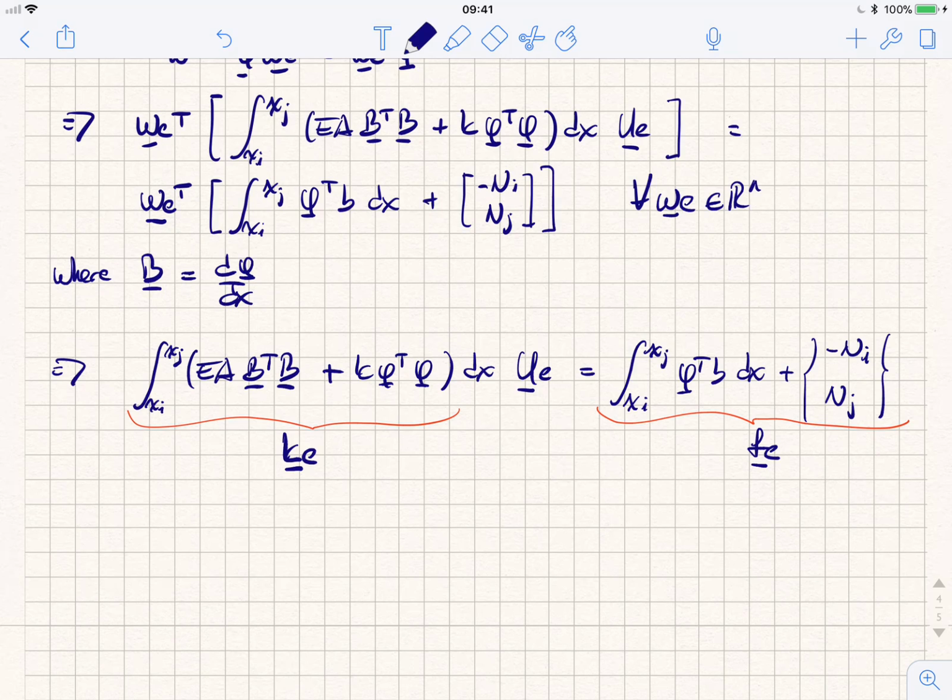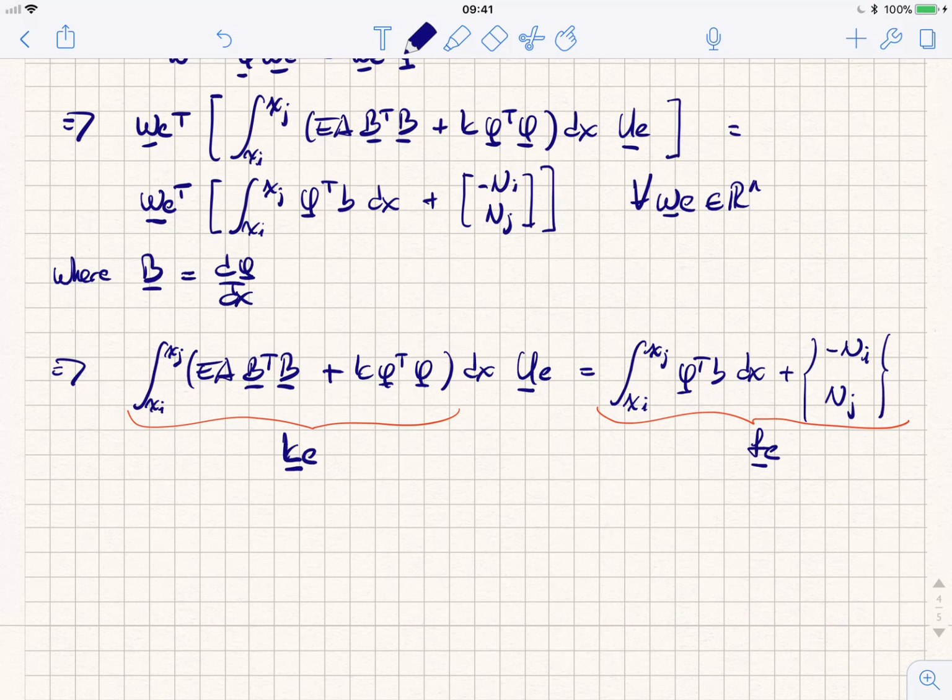So if I have a 2 by 2, you see that in that element, I basically have two shape functions that are non-zero, right? And so if you express this in matrix form, your B is going to be a 2 by 1, so B transpose B is going to be a 2 by 2. And already you know what's coming, because you have probably seen in other classes the stiffness matrix of your bar element being EA over L times 1 minus 1 minus 1, 1.